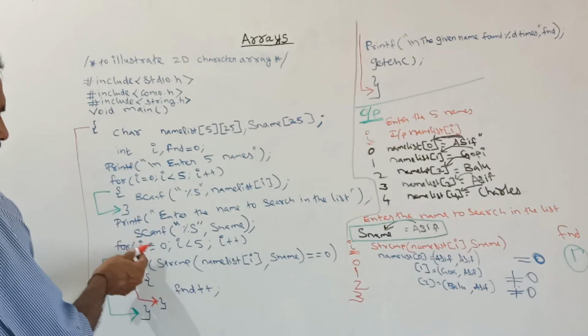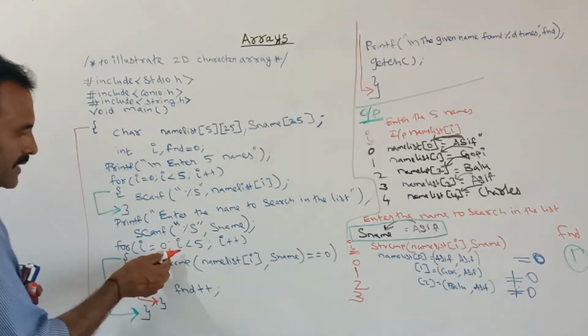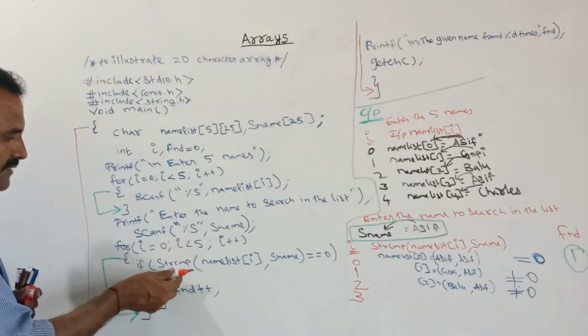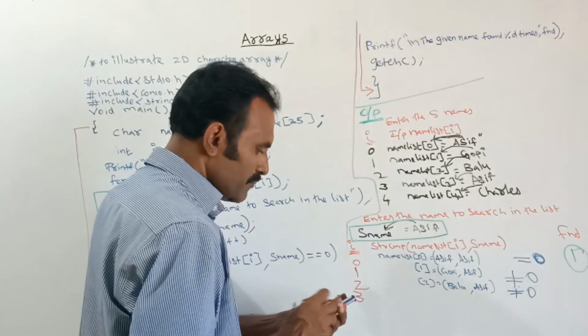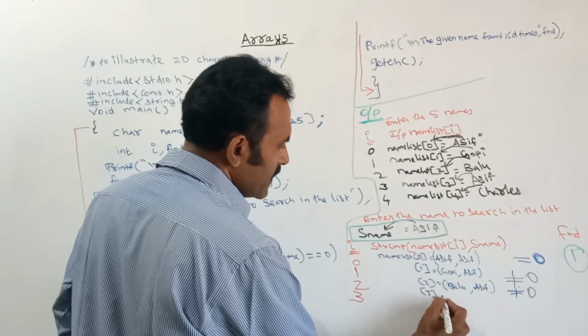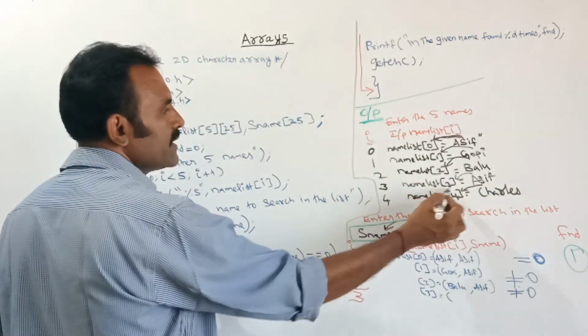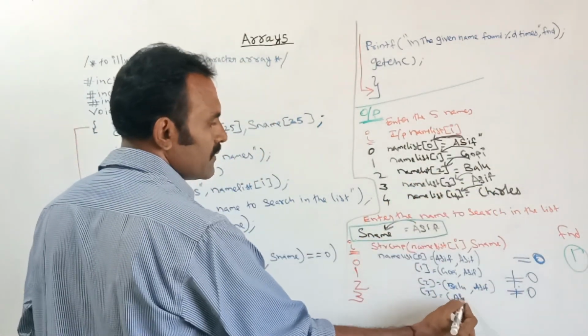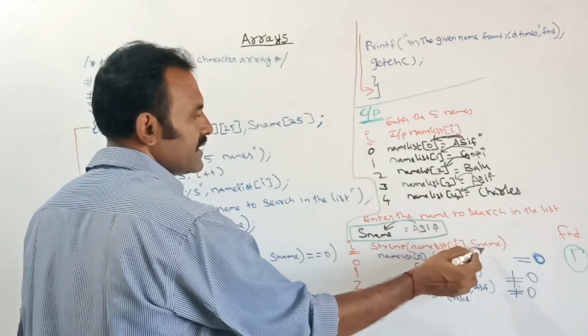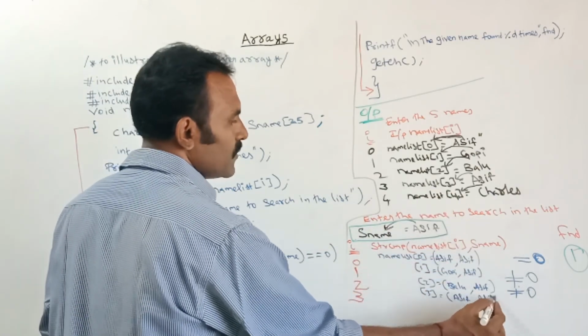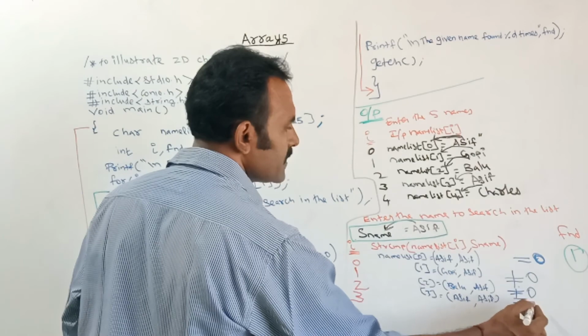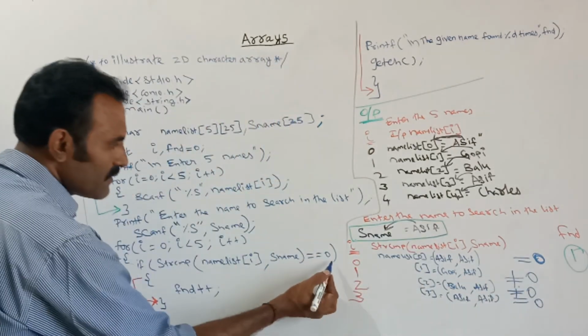After that it checks the condition 3 is lesser than 5. Next it comes inside and compares name list of 3 with the sname. What is the name list of 3? Asif. And what is the given sname? That is Asif, both are equal. So now it returns the value 0, so it is equal to 0.